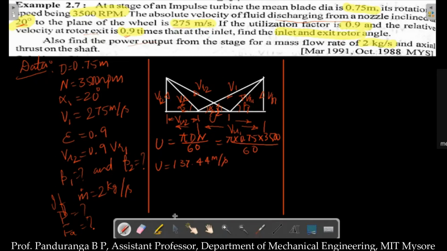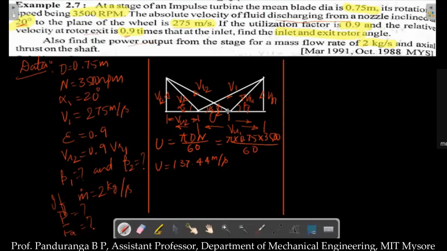Now we need to calculate V1, V2, VR1 and VR2. V1 is given and alpha 1 is given. From that we can calculate Vu1, Vf1 and VR1, because now we know U.